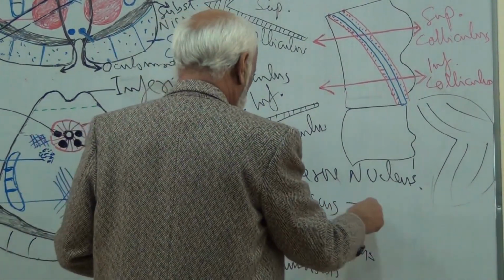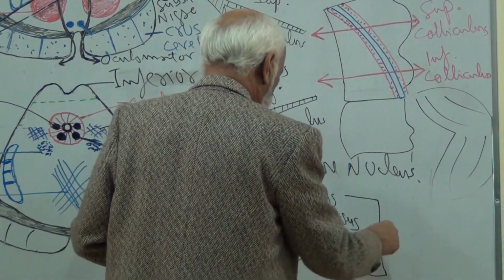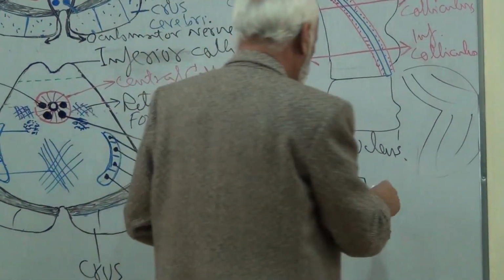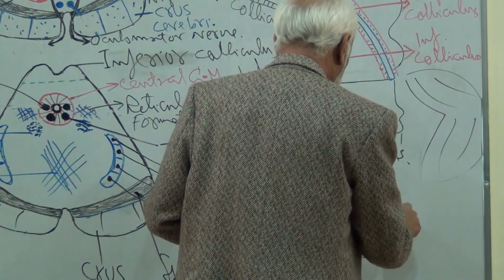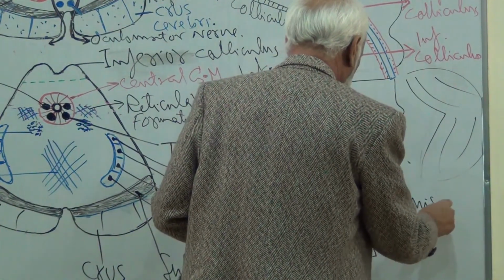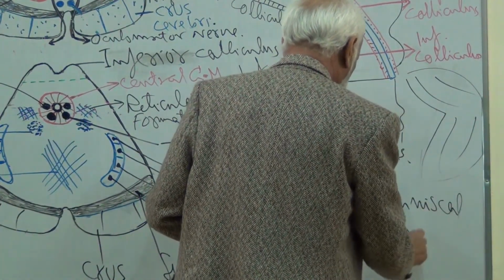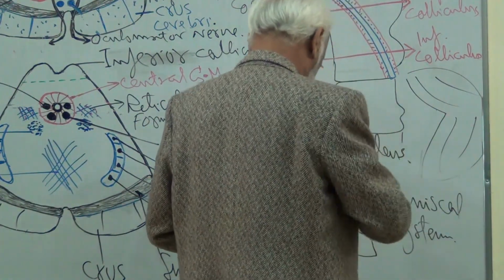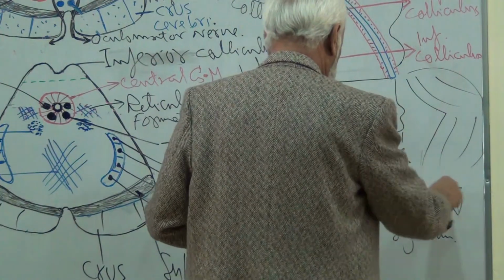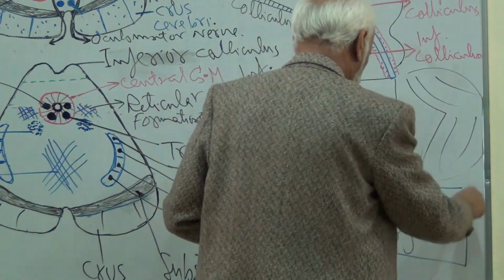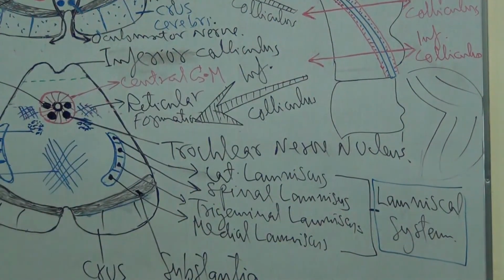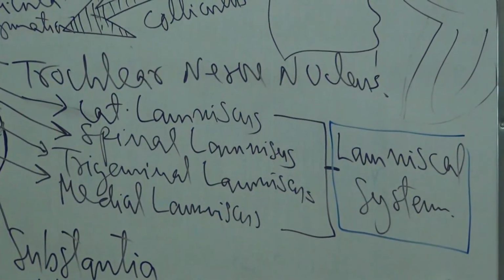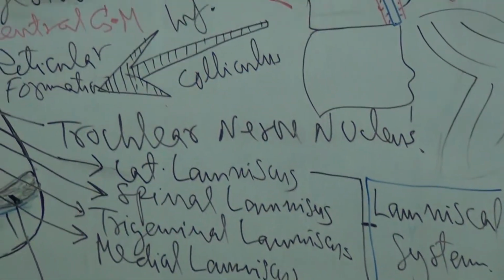So these are the four lemnisci, collectively known as the lemniscal system. The same four sensory tracts are present in the upper half and lower half of the midbrain.